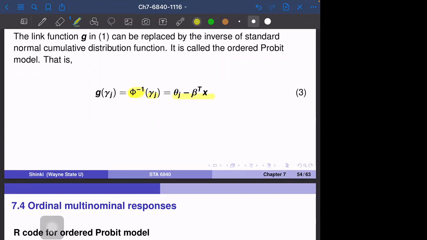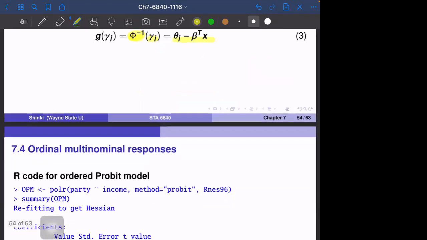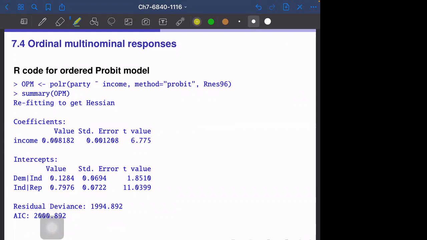Okay, now the R code. We use the same data set, the presidential election 1996 data set. Party is the ordinal variable with 3 possible levels, and income is a numeric variable. We can just specify method equal to probit, then we can estimate the model. You can see that these numbers have changed since last time.